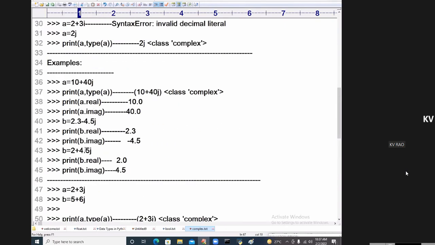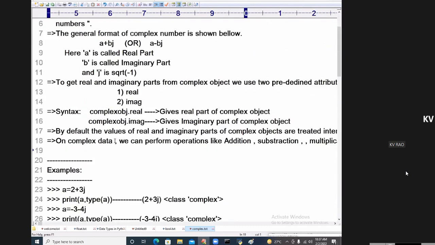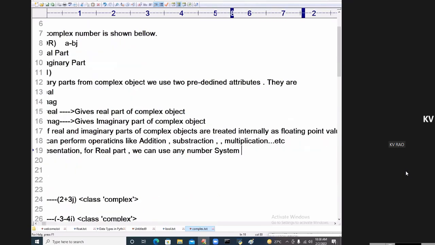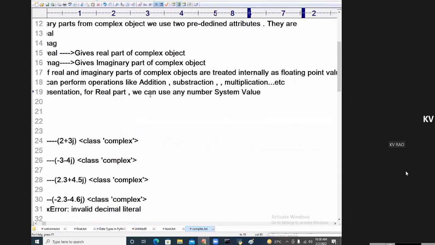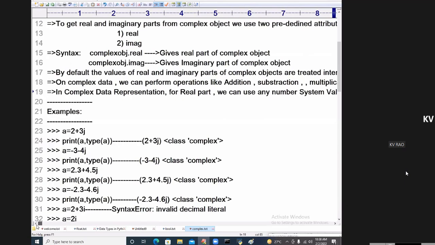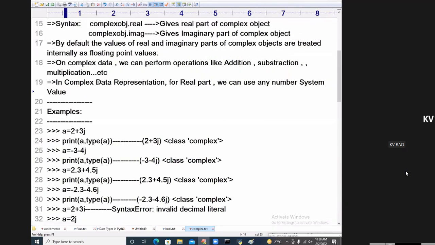So see, for the real part, now I'm writing here, this point also I will represent in the complex data representation. For the real part, we can use any number system value. Did you understand, student? Complex data representation: for the real part, we can use any number system value.